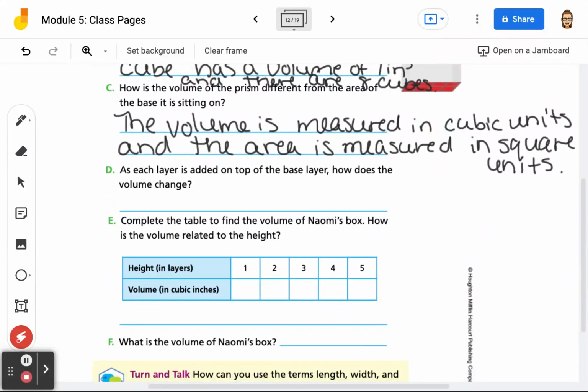It says, as each layer is added on top of the base layer, how does the volume change? Well, the volume would increase by 8 cubic inches, or inches cubed, because each layer is 8 cubic inches.